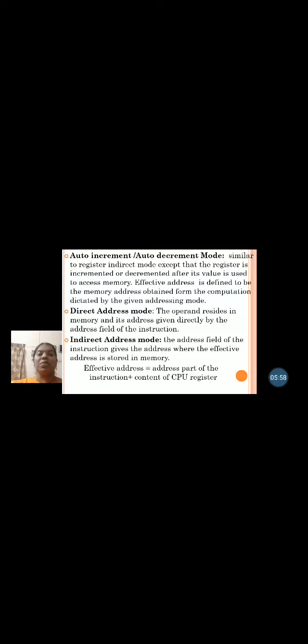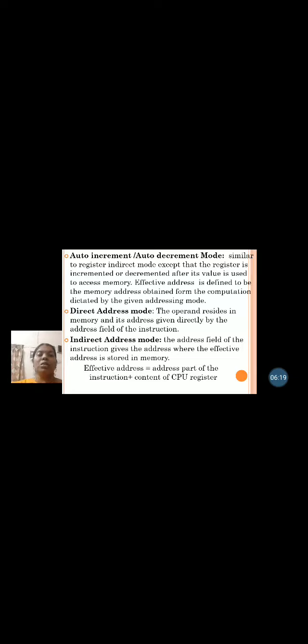Effective address is defined as the memory address obtained from the computation dictated by the given addressing mode, which means the address will be held in the register. Once the register accesses the address of a particular instruction, it gets automatically incremented or decremented to access the next instruction.